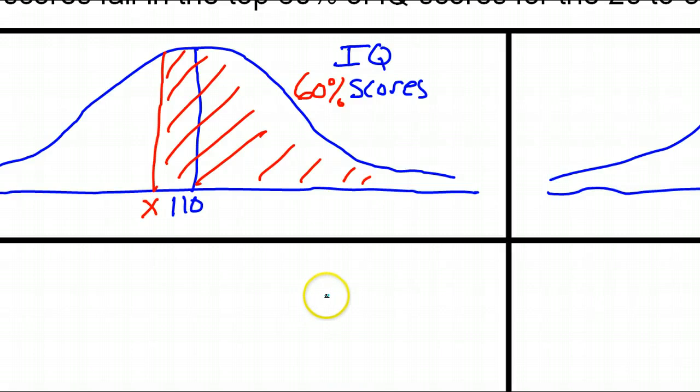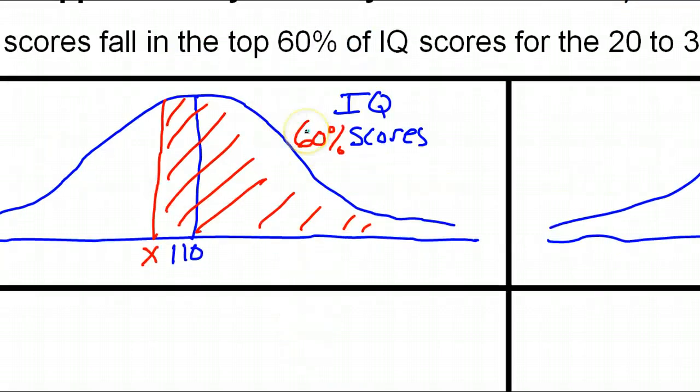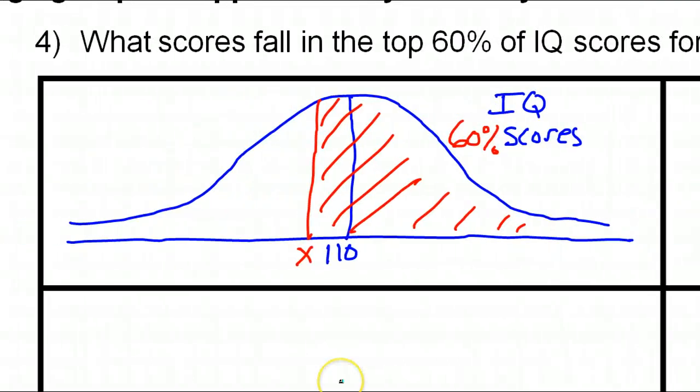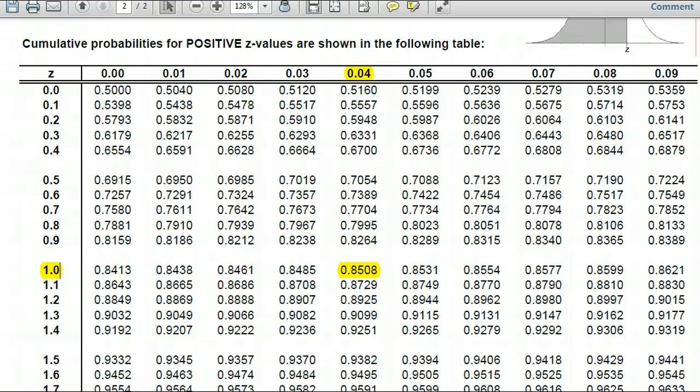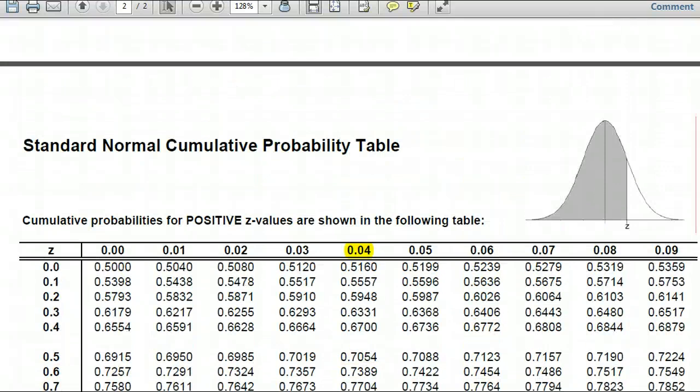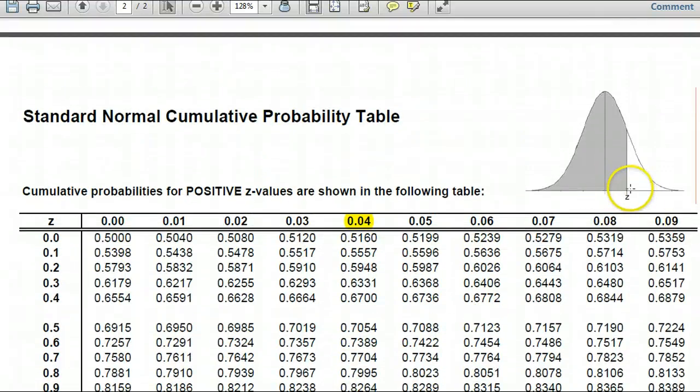Now the question is, guys, am I going to use this 60% directly, or do I need to find a different related percentage? Yeah, I need to find a different related percentage. I cannot use the 60%. The reason why, I want to be able to use my table of probabilities, but the probabilities are always for the area to the left, the probability below z.